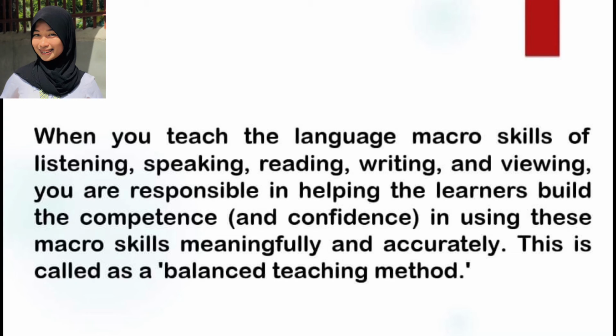This simply means that learning and teaching macro skills such as listening, speaking, reading, writing, and viewing can be a big help in building competence and confidence of a learner. And we as future educators, when we are teaching the language macro skills, are responsible in building the confidence of our learners, and this is called a balanced teaching method.